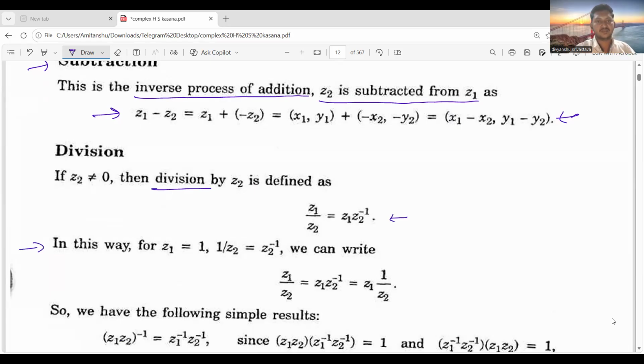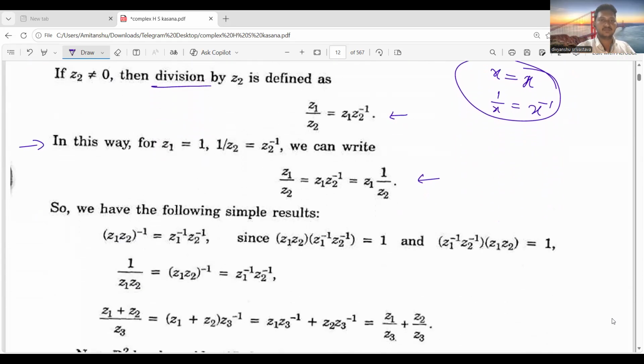In this way, Z1 equals Z1 times 1, and 1 upon Z2 is written as Z2 inverse. Simple things, right? When you have some x equal to x times 1 and 1 by x, it is written simply x inverse. So when you are seeing the complex format, you see these two things.